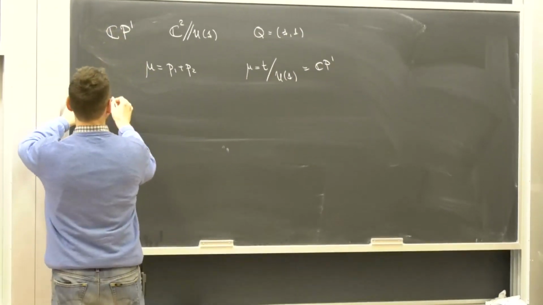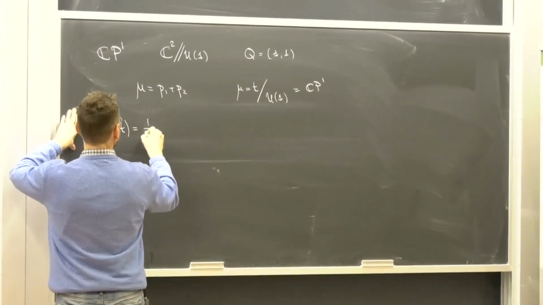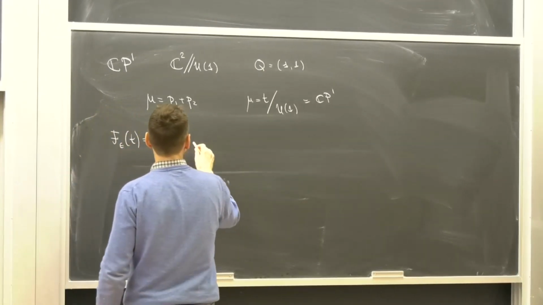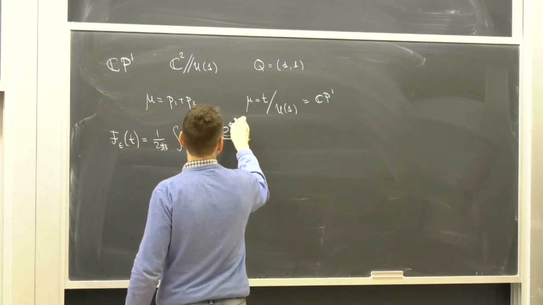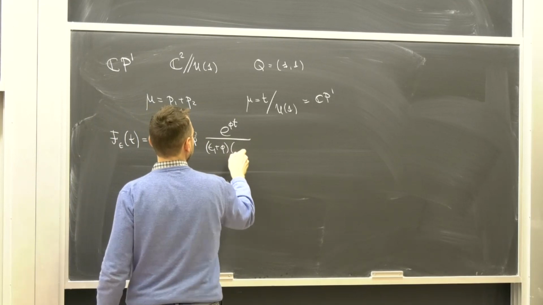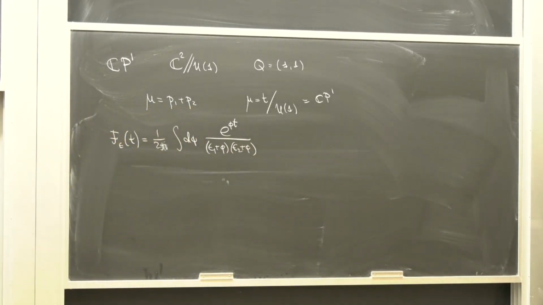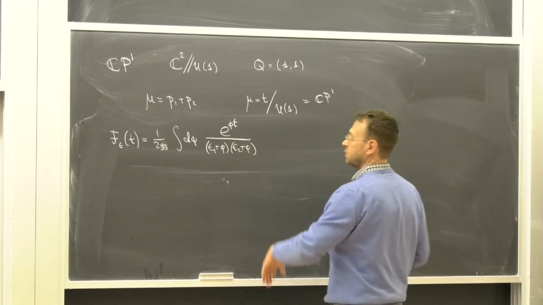The claim is the following: the volume over T will be equal to 1 over 2 pi I, the integral of d phi, and then here we'll have E phi T, and correspondingly epsilon 1 plus phi, epsilon 2 plus phi. Well, that's the integral. In this particular case, Jeffrey-Kirwan tells me that I have to take two poles.